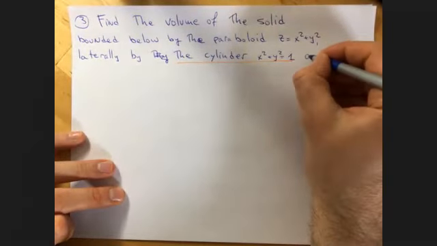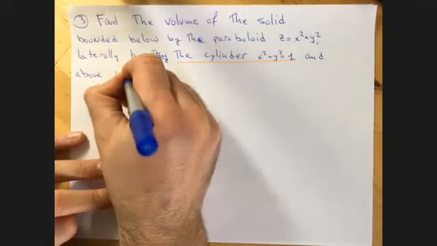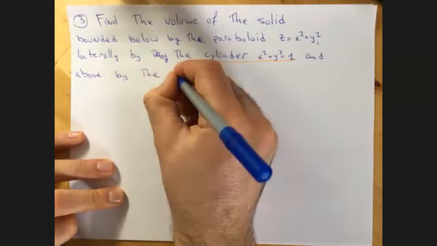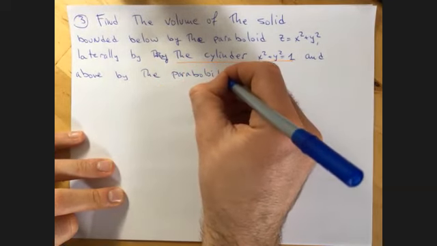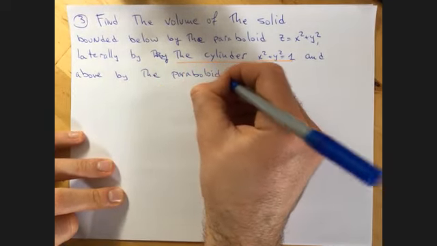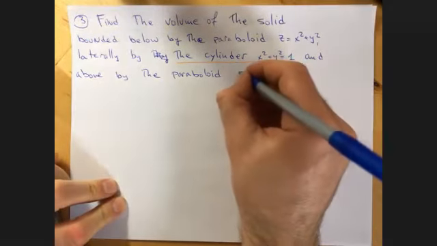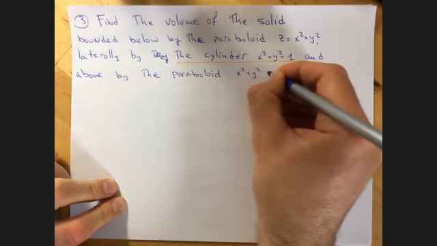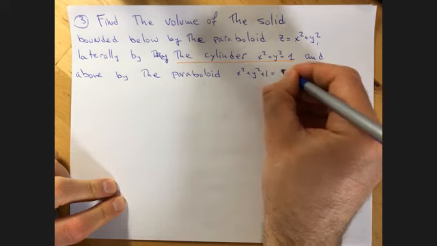And above, by the paraboloid x squared plus y squared plus 1 is equal to z.